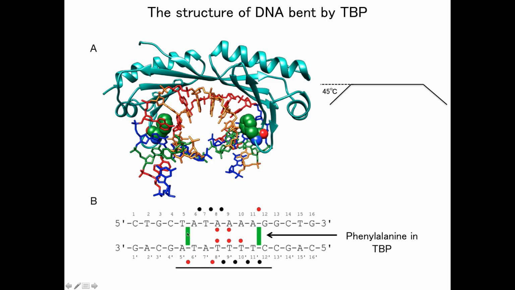And this phenylalanine can bind to the base by pi stacking. It means that the pi stacking between the DNA bases is broken, and then this DNA structure is bending. It means that such pi stacking of the aromatic residue is very important to induce kinked and bent DNA.